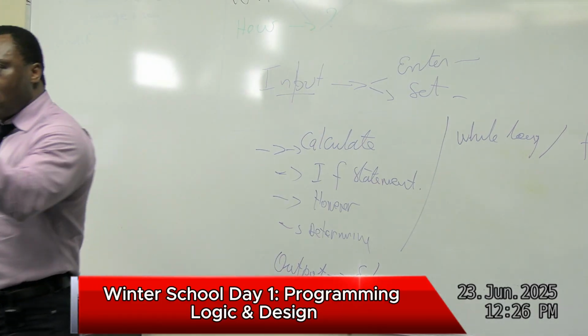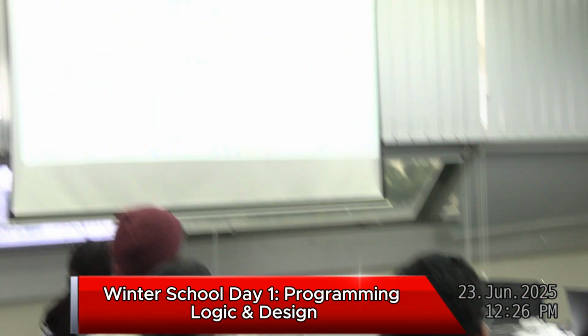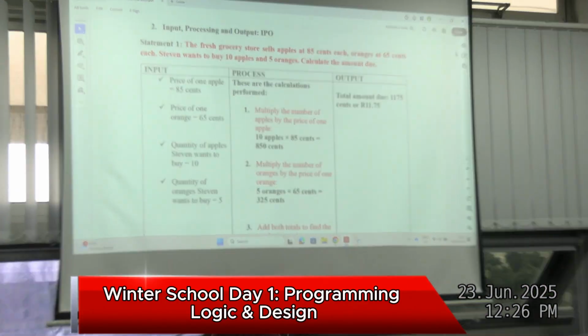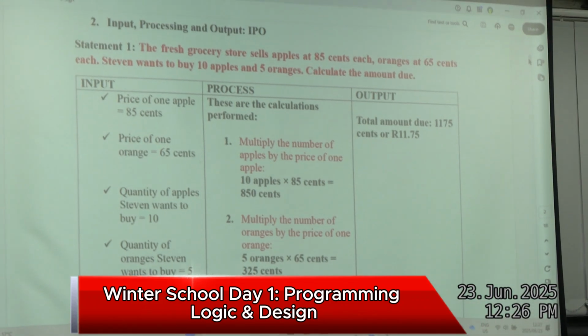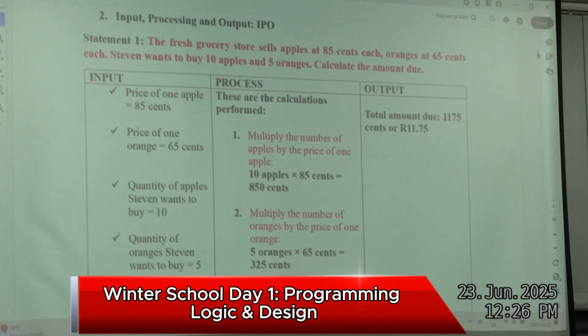Okay? Now let's go back to our statement that has been reformulated. The statement says that Stephen must input the price of an apple, which is 85 cents, the price of one orange, which is assigned 65 cents, the quantity of apples that Stephen wants, which is assigned 10, and the quantity of oranges that Stephen wants, which is assigned 5.